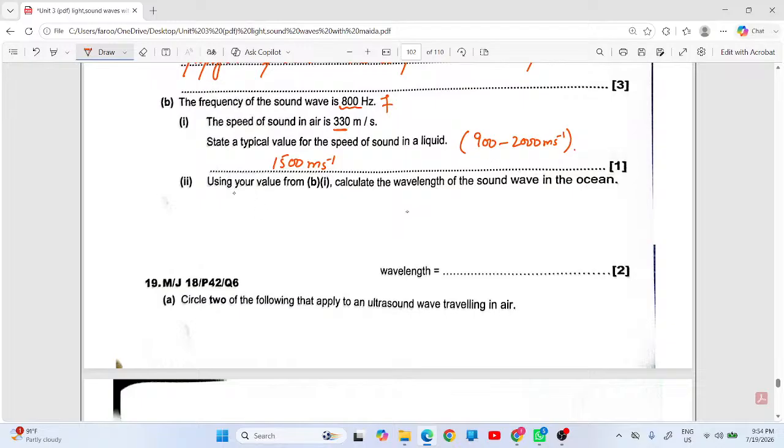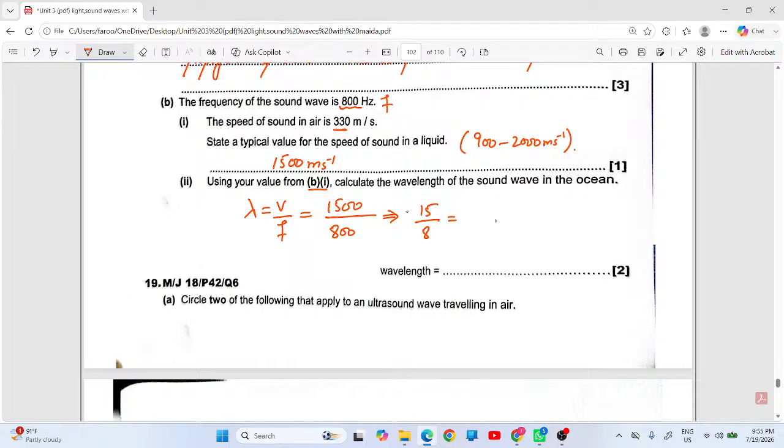Next, using your value from part B1, calculate the wavelength of the sound wave. You have to find the wavelength. Know the formula for wavelength: lambda equals v by f. The speed is 300 and the frequency is 800, already given.